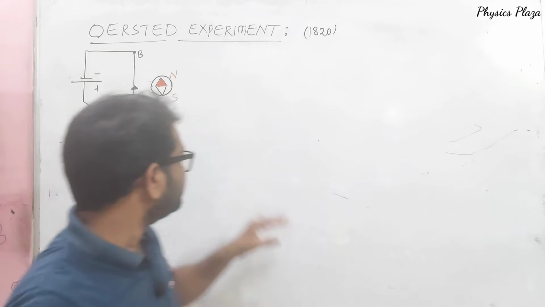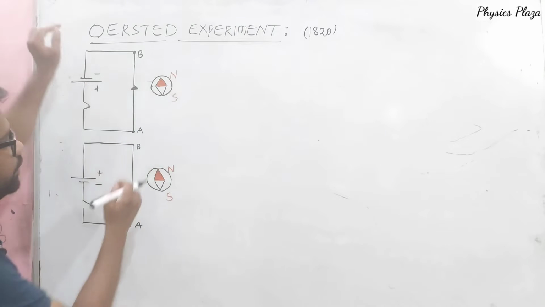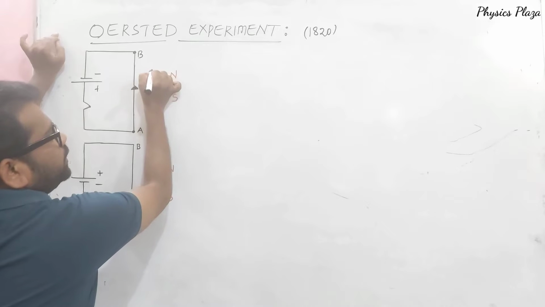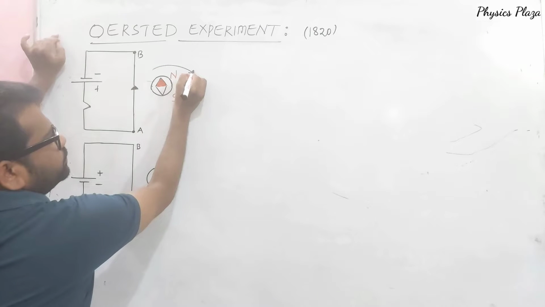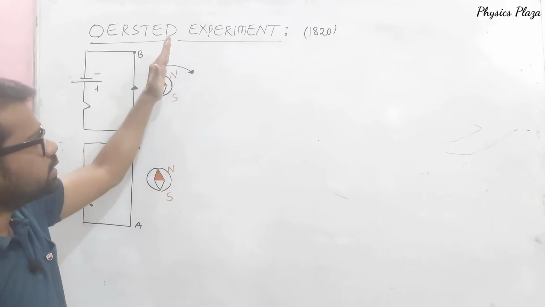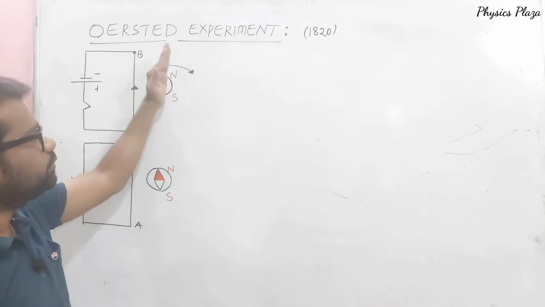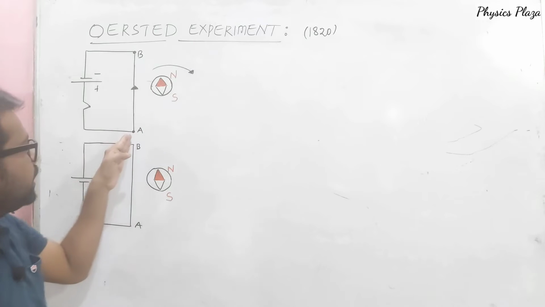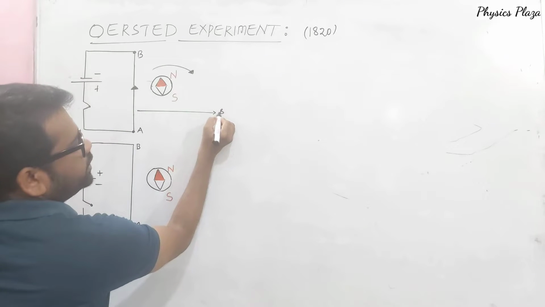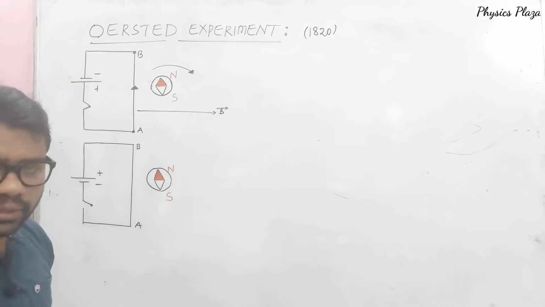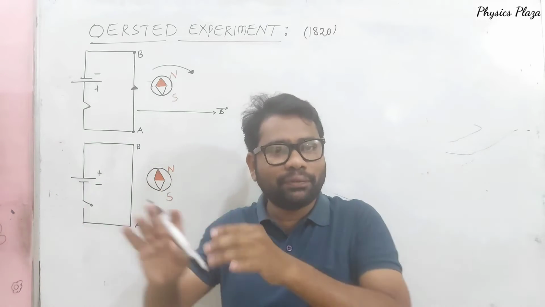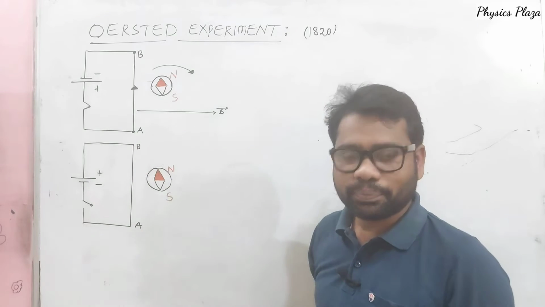So in this case, it is noticed that when current is passing from A to B, this North Pole gets deflected in this direction. It is a North Pole, just think it gets deflected like this, which means what here? When current is passing from A to B, magnetic field will be in this direction. Of course, with this, it's clear that there is a presence of magnetic field around the current carrying conductor.